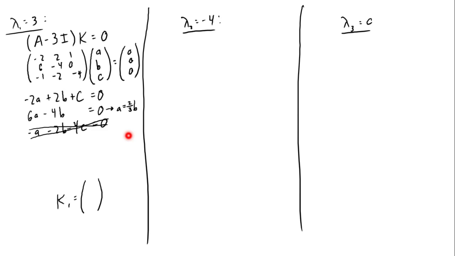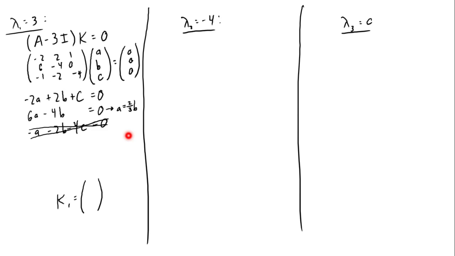So in this case, I'm going to pick a number for B. I can pick any number I want for B. Well, any number but 0. Don't pick 0 for B, because if B is 0, then A is 0, C will be 0.